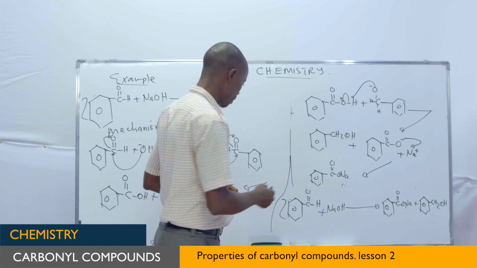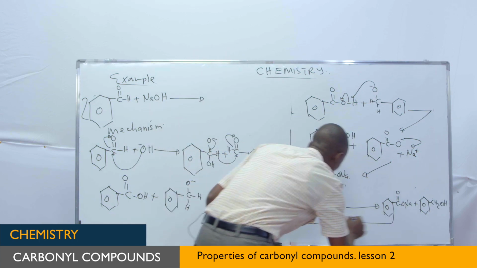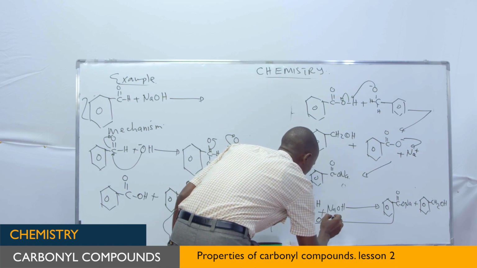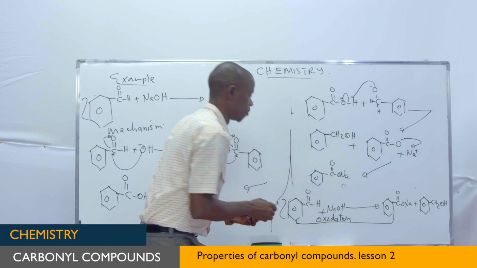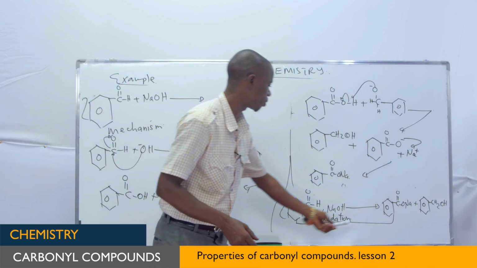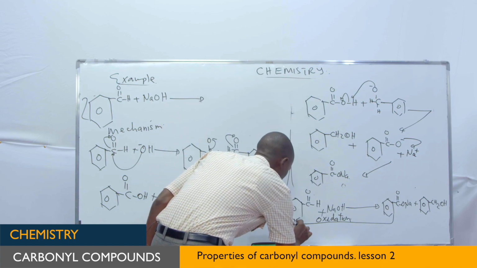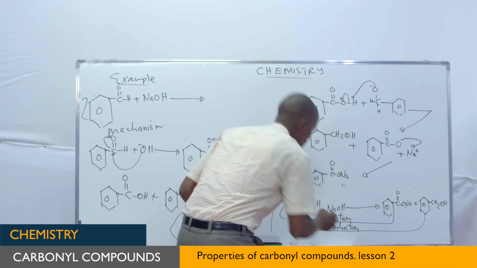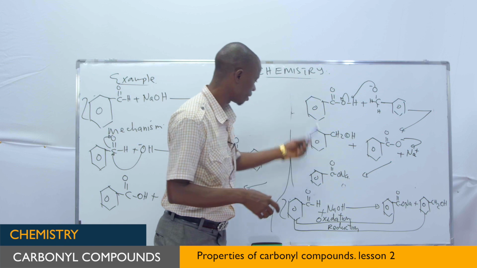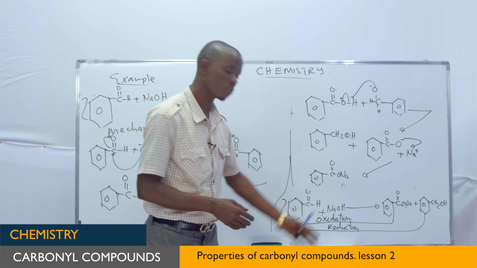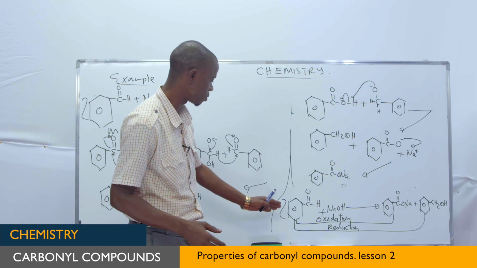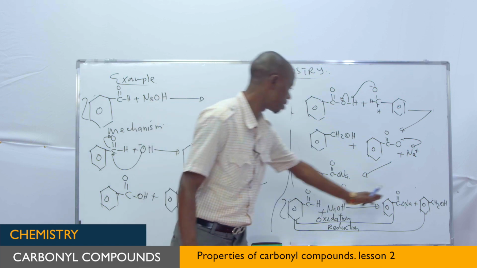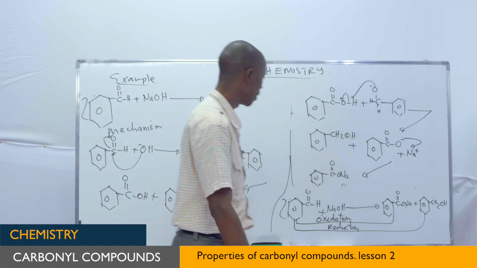So what you can see, my dear student, is that benzaldehyde can be oxidized to the carboxylate salt and also can be reduced into alcohol. This is reduction. That's why I said at the beginning, in the Cannizzaro reaction we get the concept of disproportionation reaction. That means oxidation and reduction are taking place simultaneously. So this is the way you can see, and these are the products that can be given.